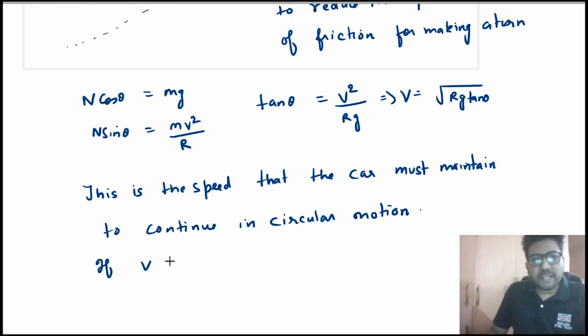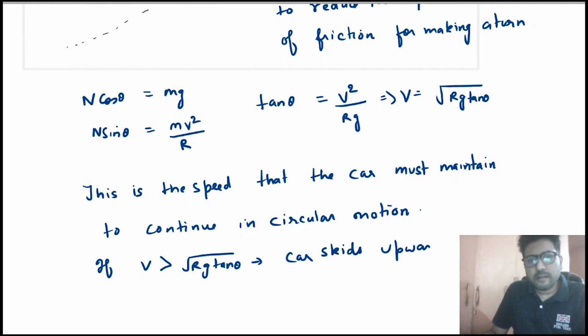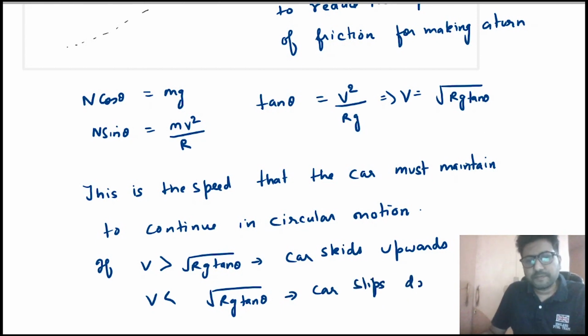If the speed is greater than root over rg tan theta, the car skids upwards, and if v is less than root rg tan theta, then the car slips downwards.